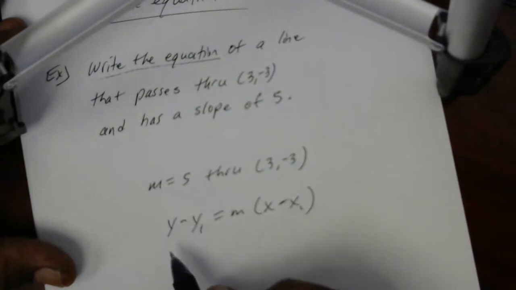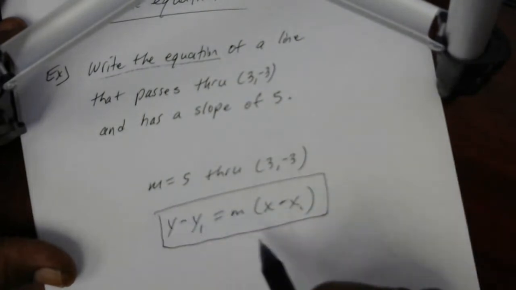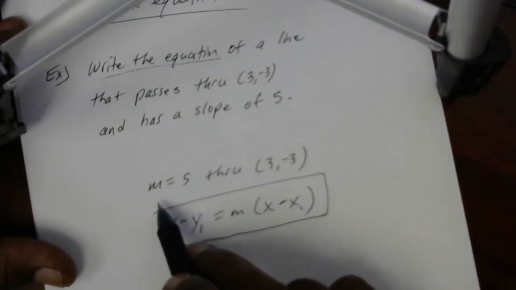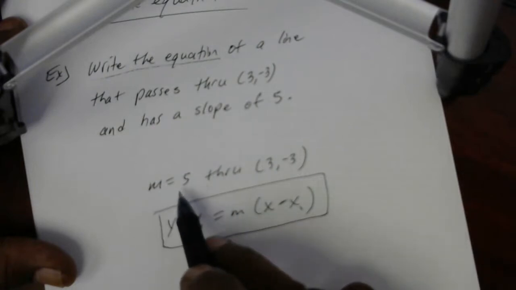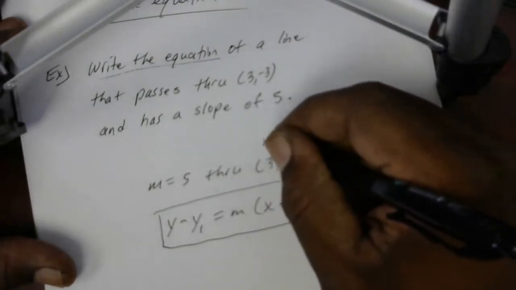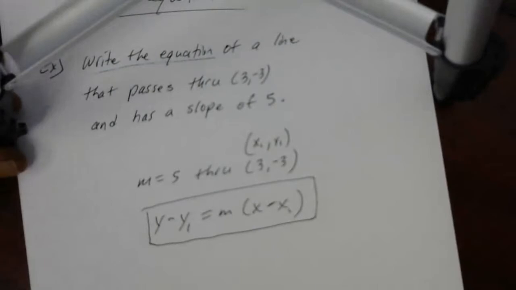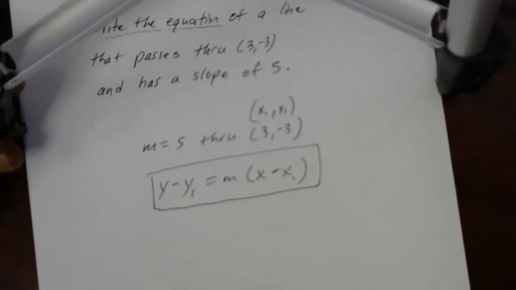So in this point slope form, remember that m is the slope, right? So m is going to be 5. And the point it passes through are our x1 and y1. So I'm just going to substitute.